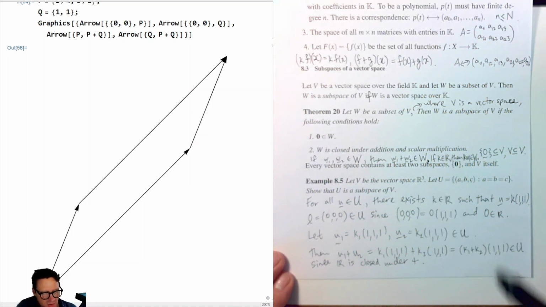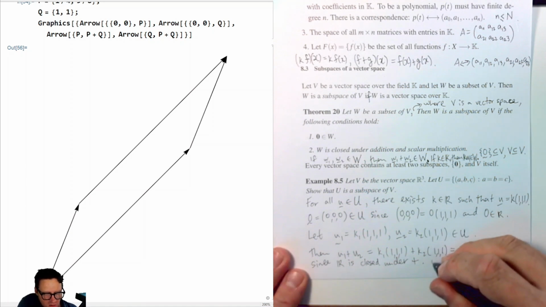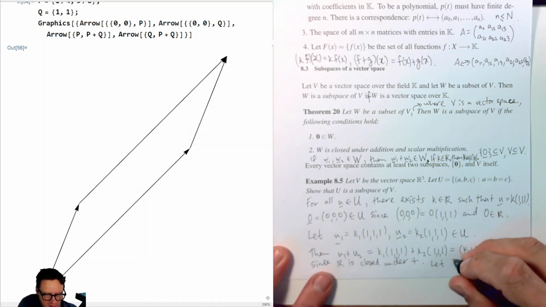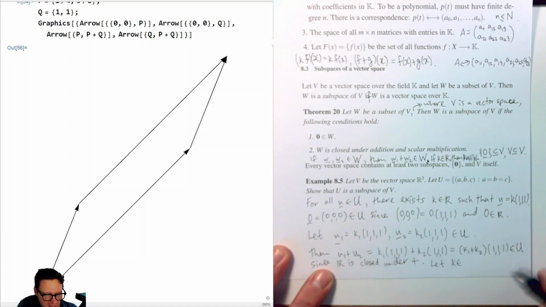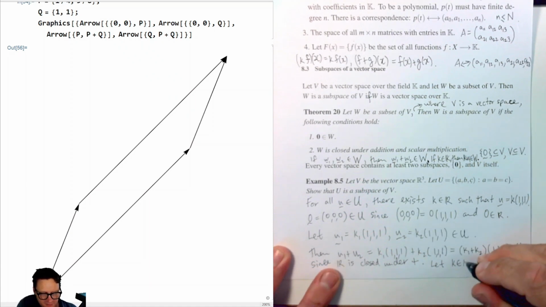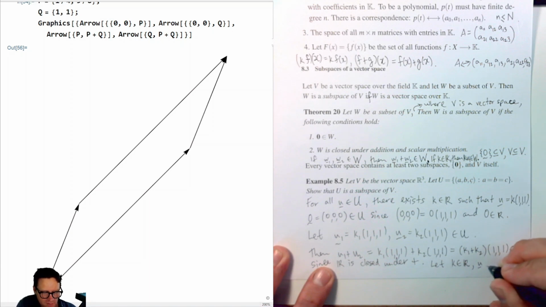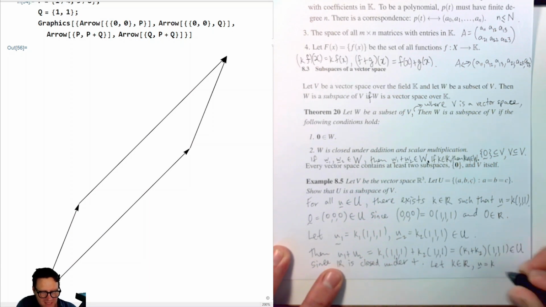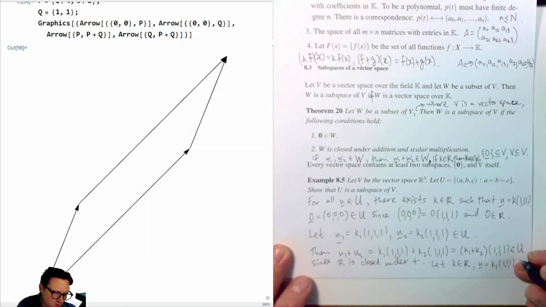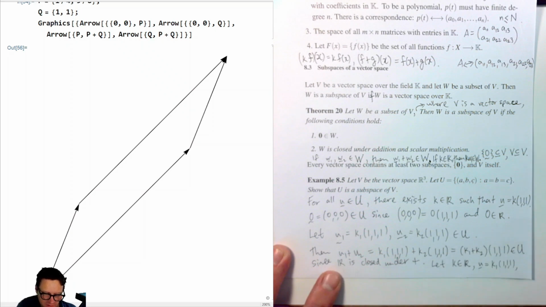Okay, let's check closure under scalar multiplication. So let k be an element of this field of scalars, so the real numbers, and u be equal to k1 times 1, 1, 1, where k1 is also in the field of scalars.